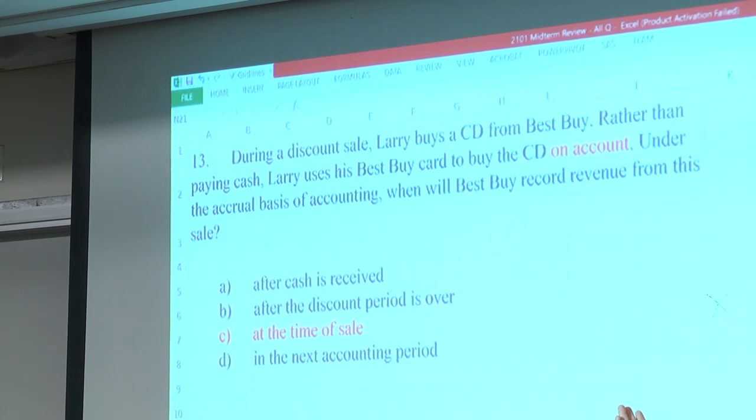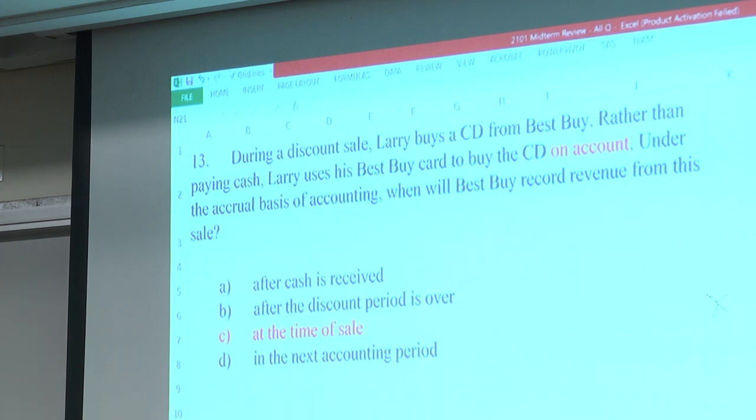Now the on account gives you assurance. It must be something starting with account, and then it depends on which side of the party you are talking about. Now it's the question about Best Buy. So Best Buy is the one that sells product, and Best Buy is expecting cash. So that means on account we are talking about accounts receivable.